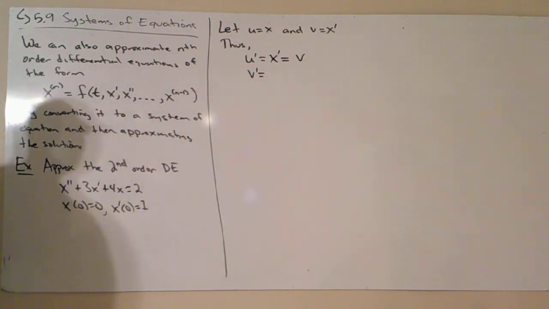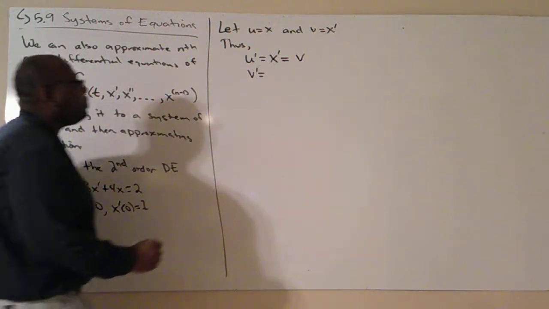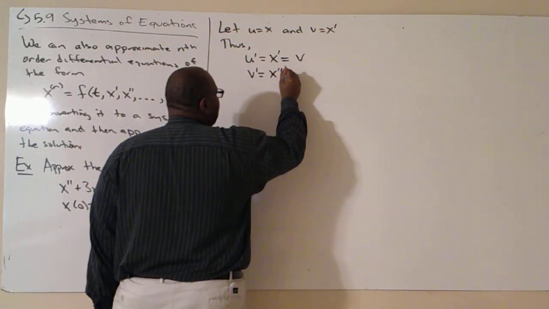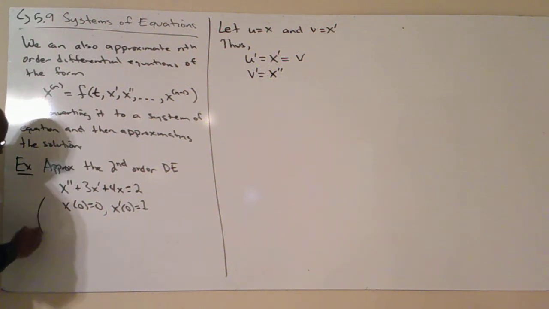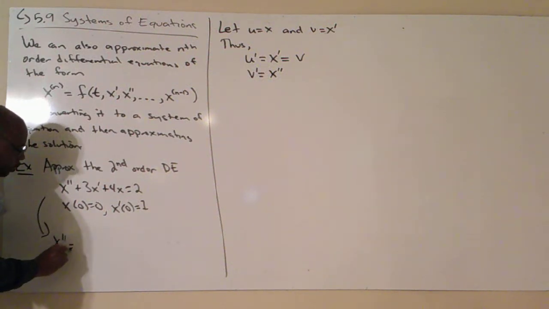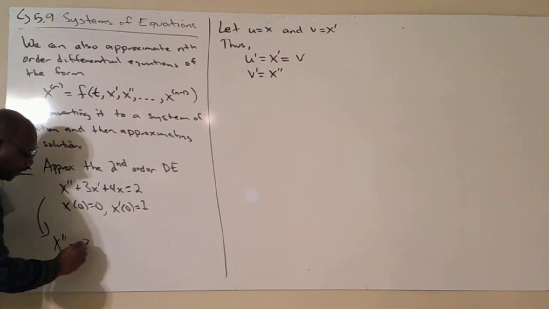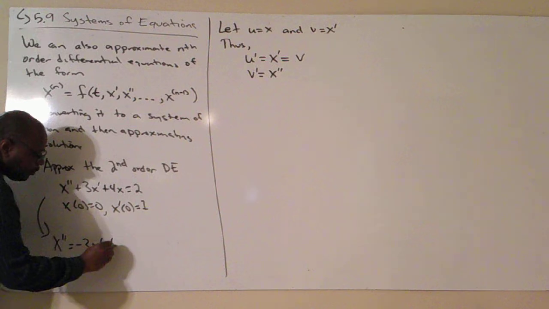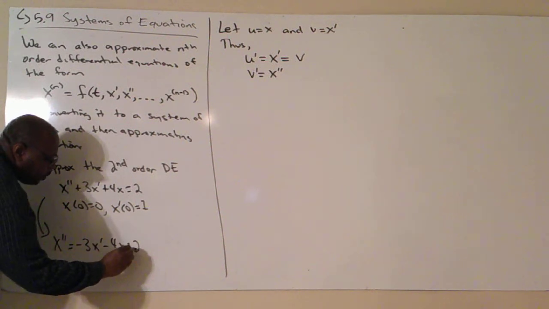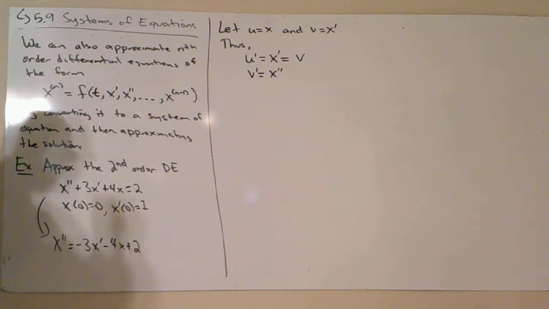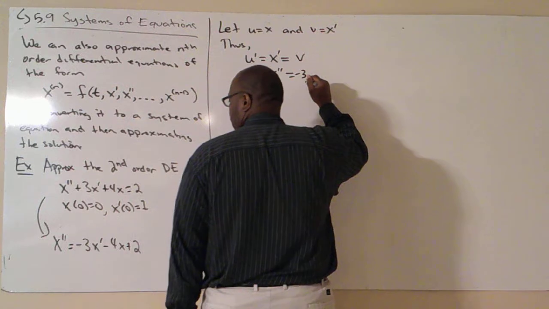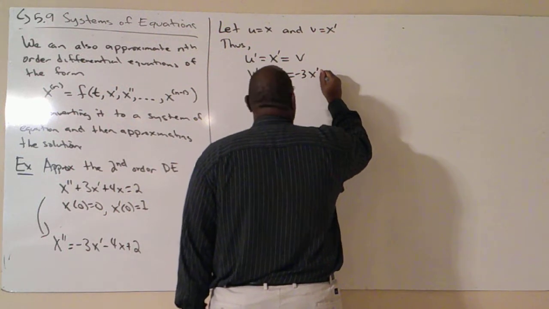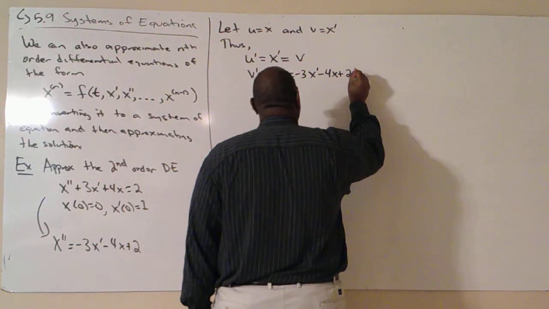And we'll say let v prime equal x double prime. Well, what is x double prime? If I look at this equation, I can solve for x double prime. x double prime is equal to minus 3x prime minus 4x plus 2.